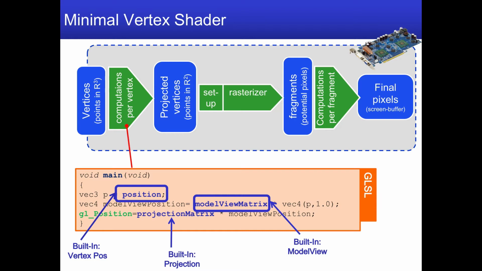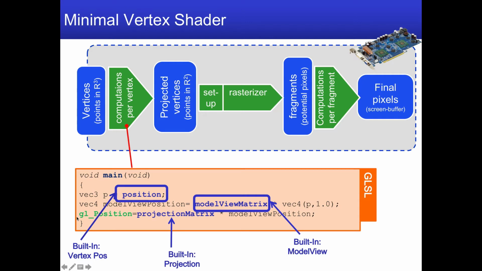So this is a small program running per vertex. This is a built-in variable. When you run this program for a vertex, it already gets the position of the vertex. You imagine that this is a small program in the GPU, a vertex arrives and it processes it, and what it produces is this one.